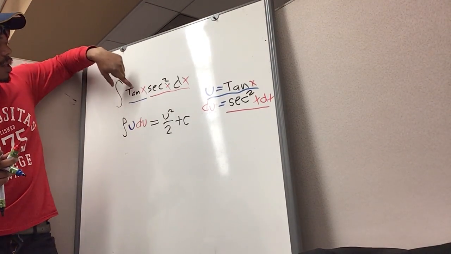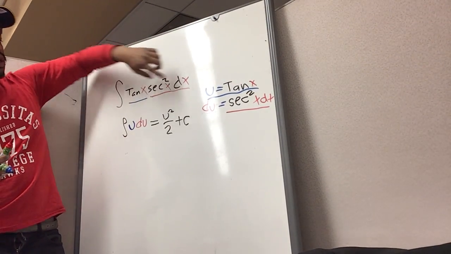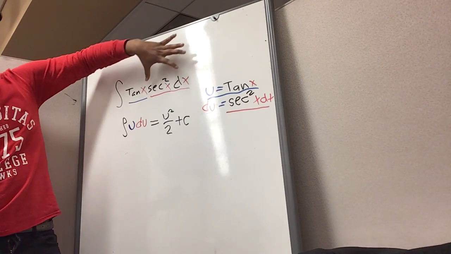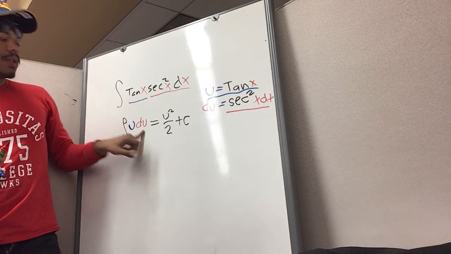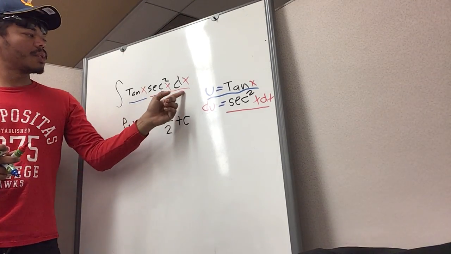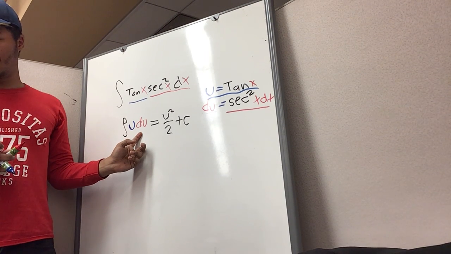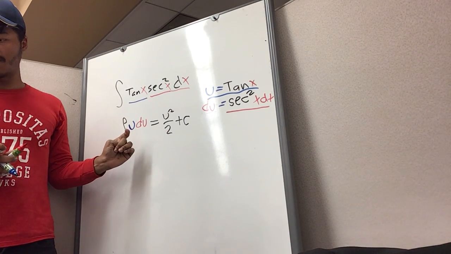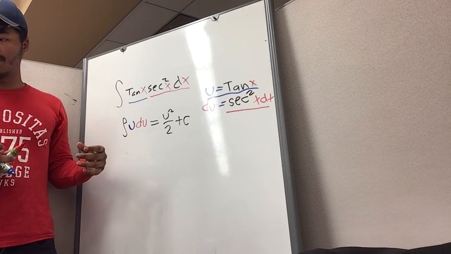So wherever you see tangent, you put u. Wherever you see this, since you see that here, you just replace it with du.